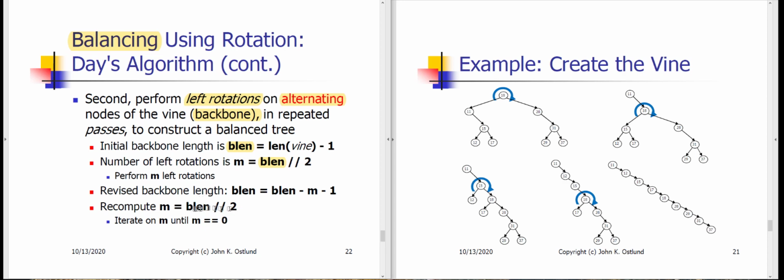We'll then recompute the number of transformations, the number of rotations that we have to do, and we keep looping through this cycle, computing M, doing that many rotations, subtracting from the remaining backbone length, computing M again, etc., until we get to the point where M, the number of rotations, is 0.